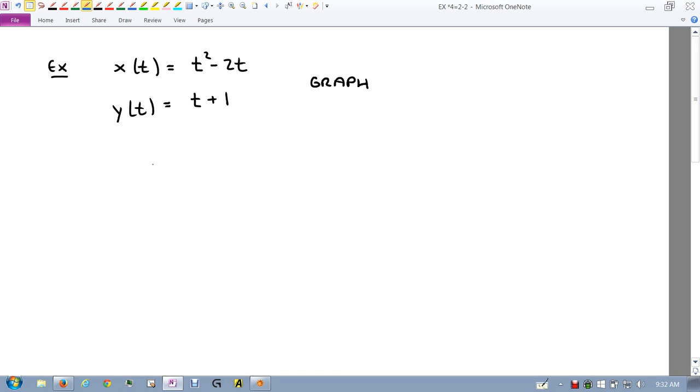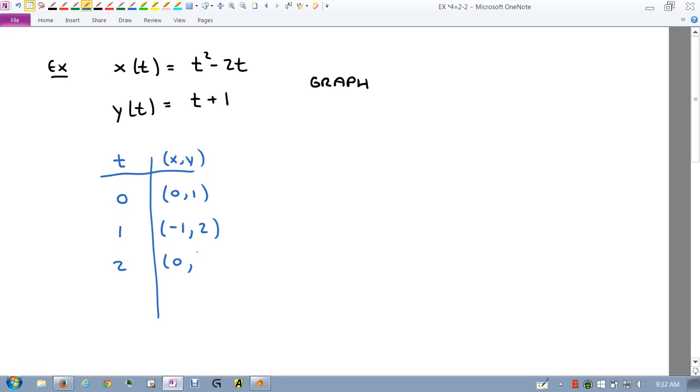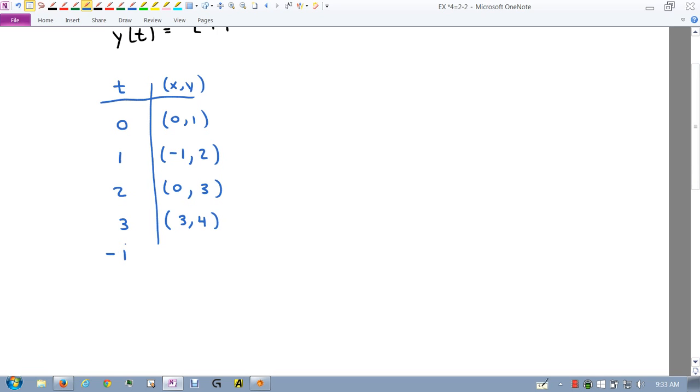I'm going to do a t-table while you're doing that just to show you how it could be done. So you could do it if you didn't have a calculator, doing it with the t-table, but the problem is you then have to try and connect the dots and figure out what it looks like.